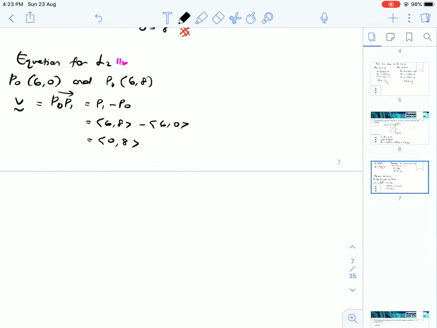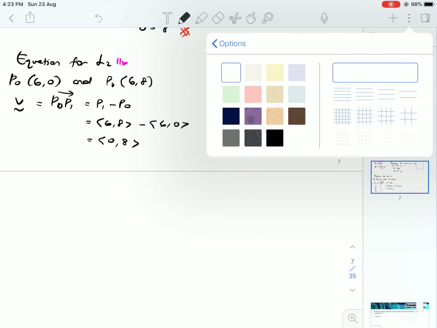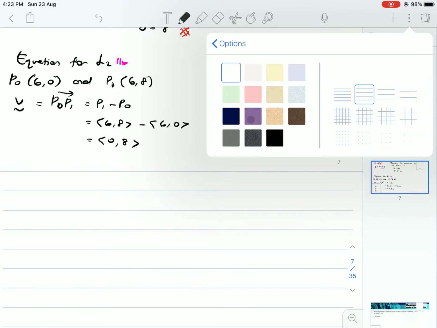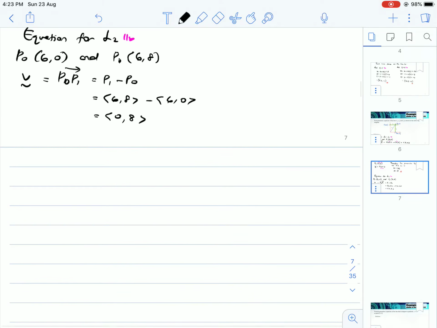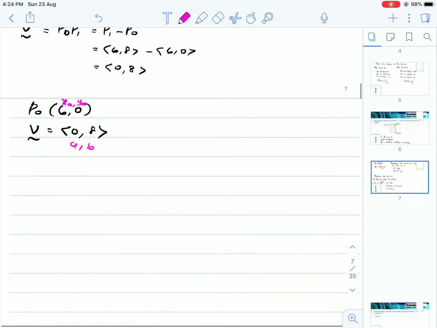Let me add the page. Now for the second line, L2, I rewrite the information given. We have P0 as (6, 0) and V as (0, 8). So this is our X0 and Y0 now, and this is our A and B.